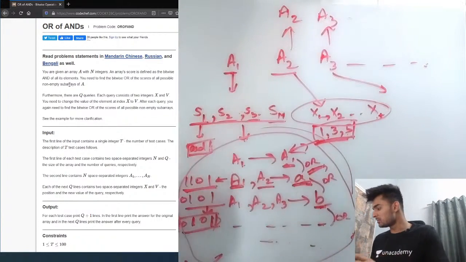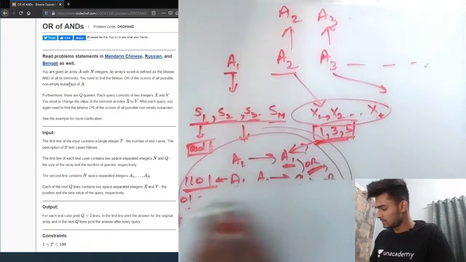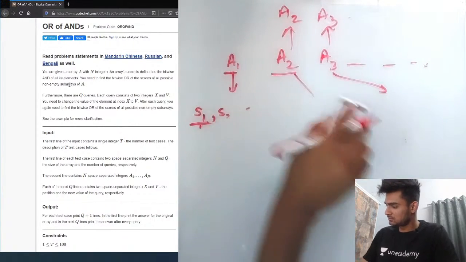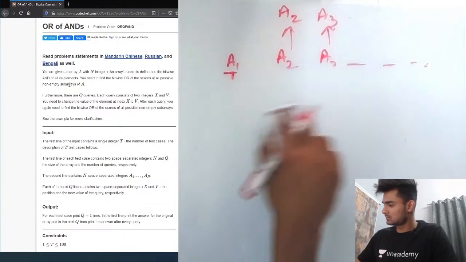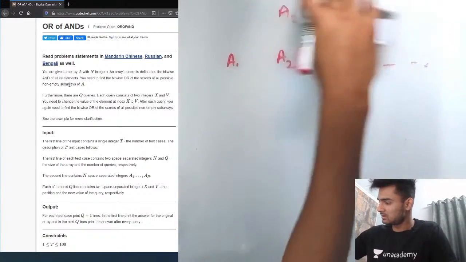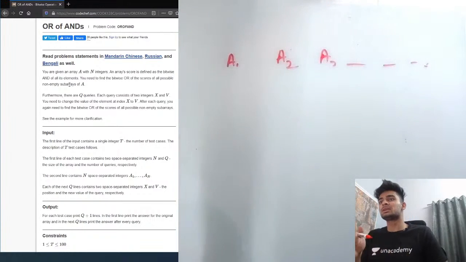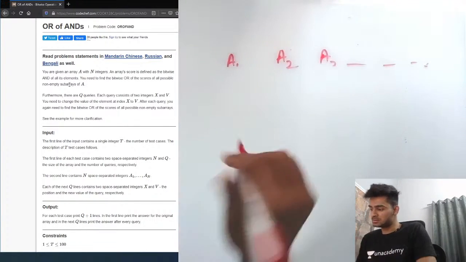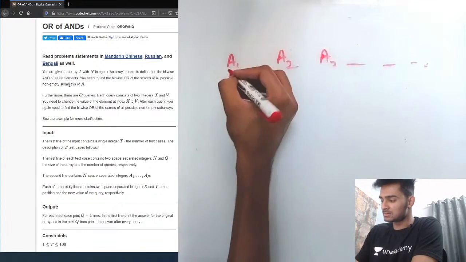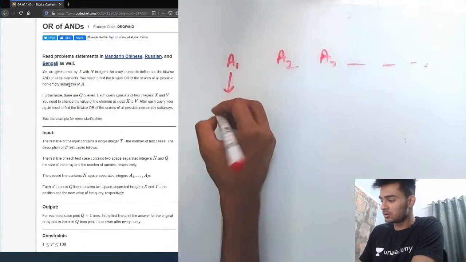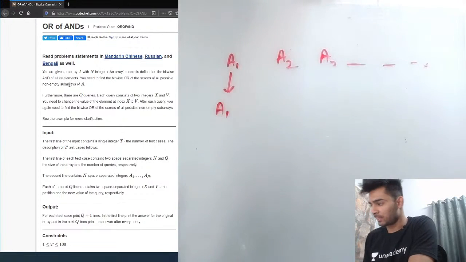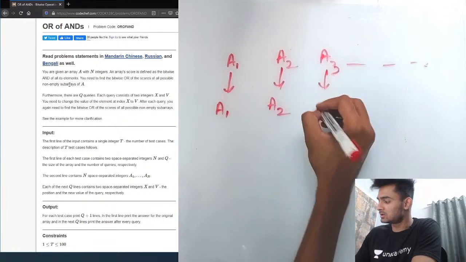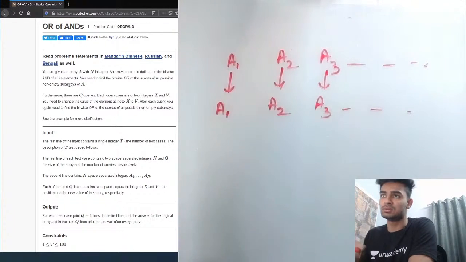So if you look at this problem again, we have an array, and then we find the subarrays, we find the AND of all the subarrays, and then we find the OR of all these. But what we see is this A1 is going to contribute A1 to the answer, this A2 is going to contribute A2 to the answer, and this A3 is going to contribute A3 to the answer, and so on.